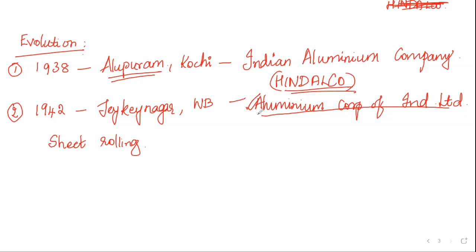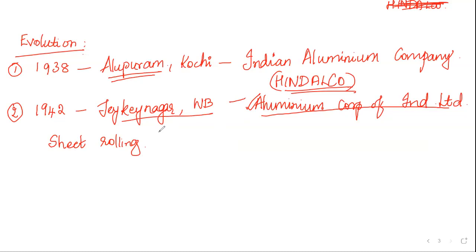All right. So, what was the first advantage with respect to West Bengal? I mentioned to you that it is an energy intensive industry. So, there was an abundance of coal mines. From there, I can extract thermal power, which can be used as energy for this particular industry.